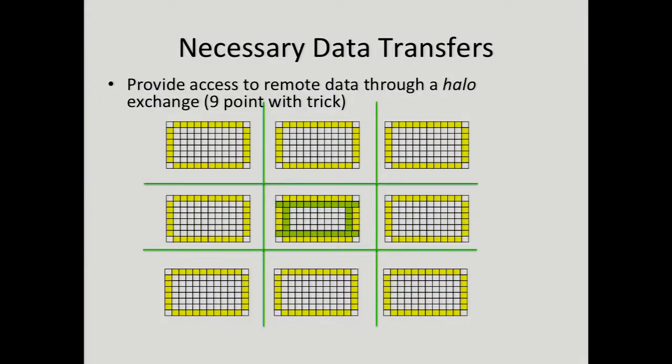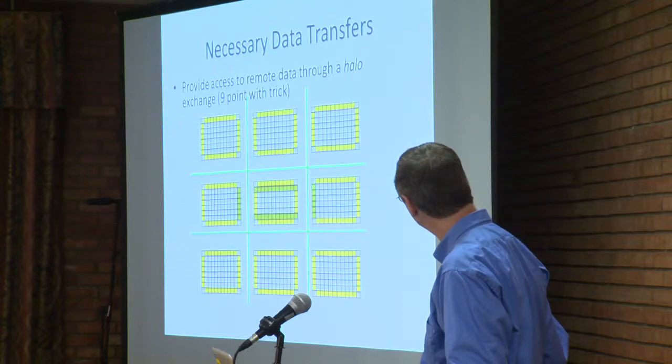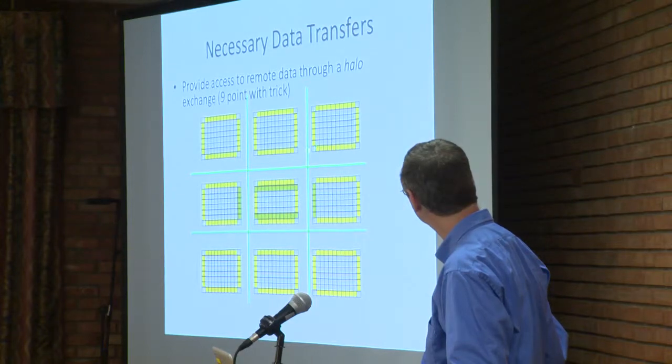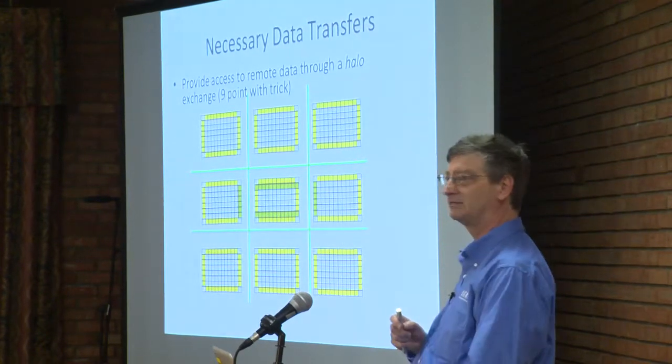And with that, what I do is I do my communication in 2 steps. So here first I'm going to send my left and right edges to my neighbors. Okay. Now notice what that does. It's taken this point here. Remember now this point there needs to go into this halo cell.